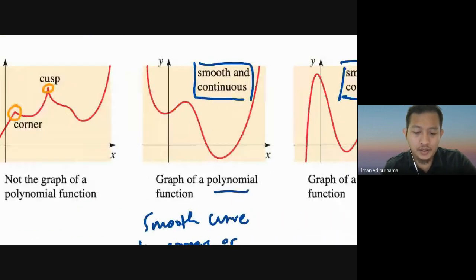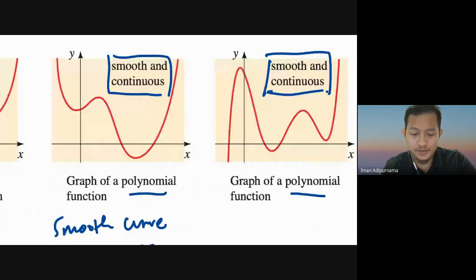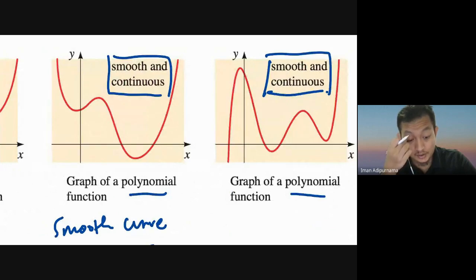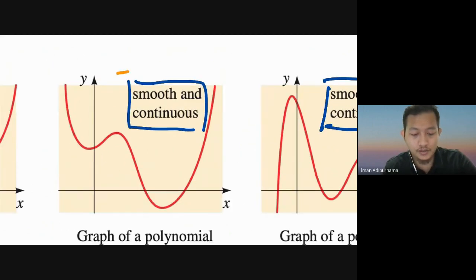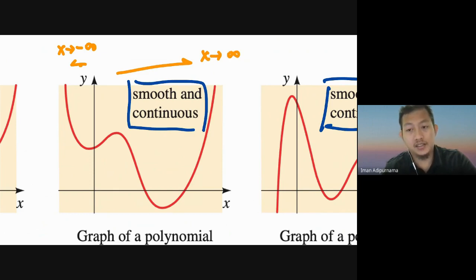And the important thing about polynomials, if you look at the graph, is when you are approaching the right and the left, so x goes to negative infinity and x goes to infinity, the x can be anywhere, which means the domain can be any real number, right?